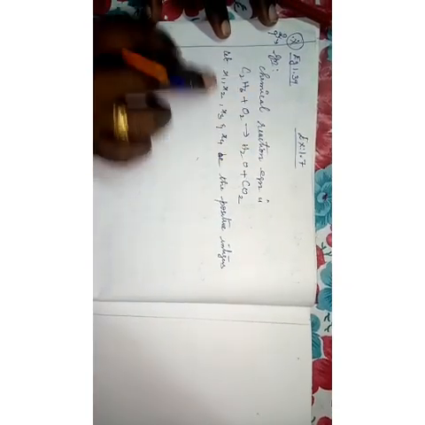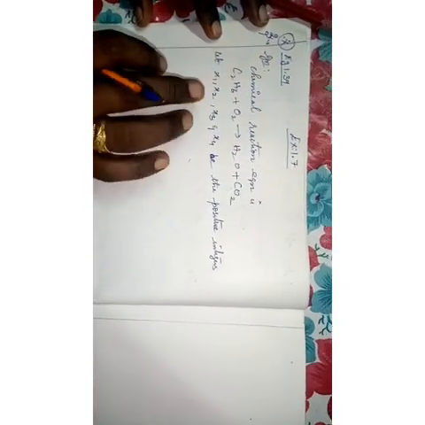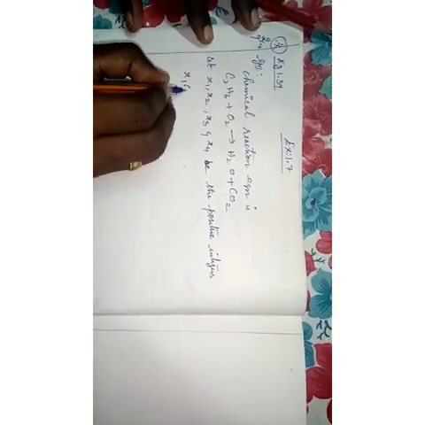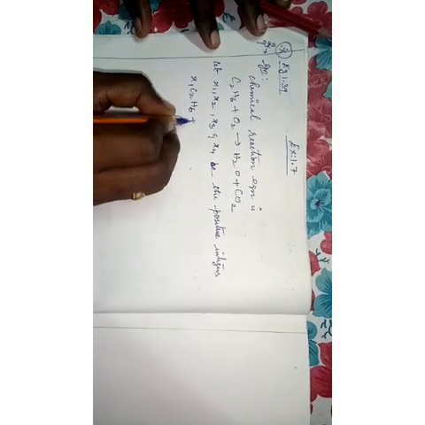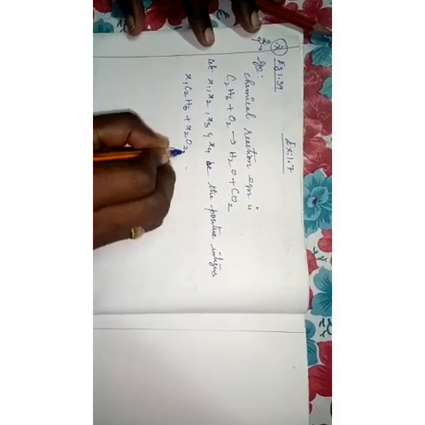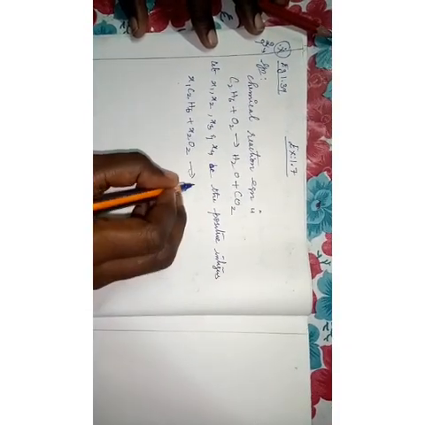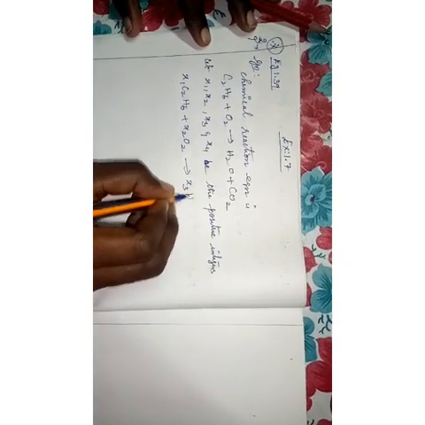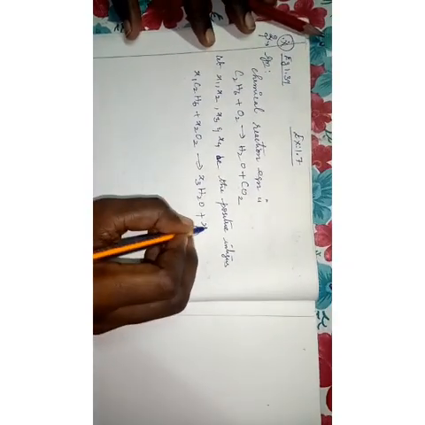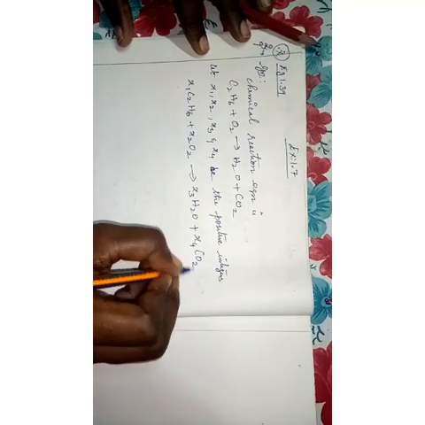Here 2 terms, here 2 terms, so I'm going to take 4 letters. In these letters we have to substitute: x1 C2H6 plus x2 O2 gives x3 H2O plus x4 CO2.